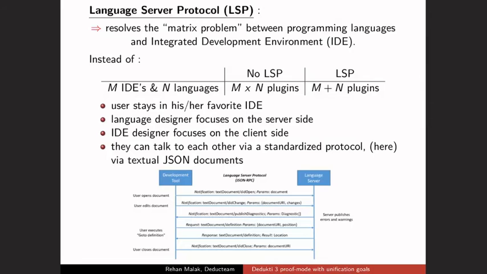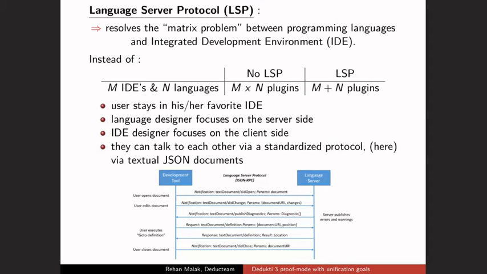So now I'm going to describe this experimental feature we have recently added in Dedukti 3. I will show how the current proof mode is working in Dedukti 3. But briefly before, let's say a few words about LSP. So LSP is the Language Server Protocol.